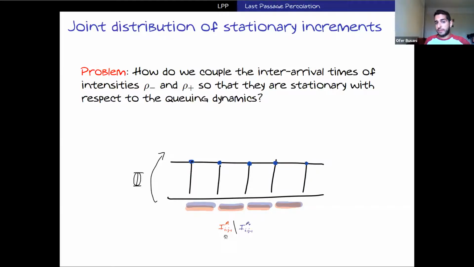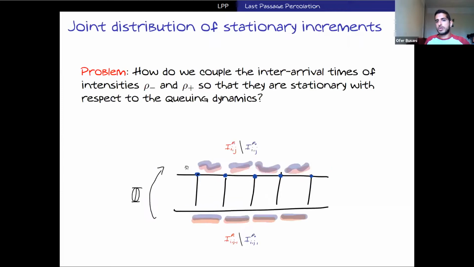Then we apply the queuing mapping using the same weights for both of them. And it can be shown that the queuing mapping preserves order. So at the output, you're still going to see order between the blue and the red, so the blue will still dominate the red weights on the edges, which again are just inter-departure times.